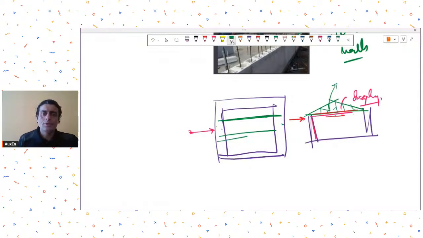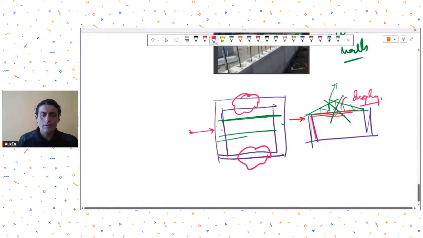Let's assume that this timber truss is not going to be effective and it's not going to help you in transferring the lateral loads to the wall panels, vertical walls. Then I would say that you need to consider the strength of these to help you to transfer the lateral loads to these walls.